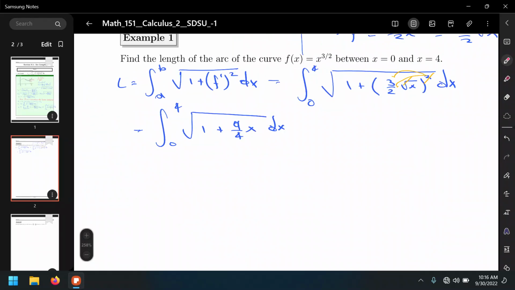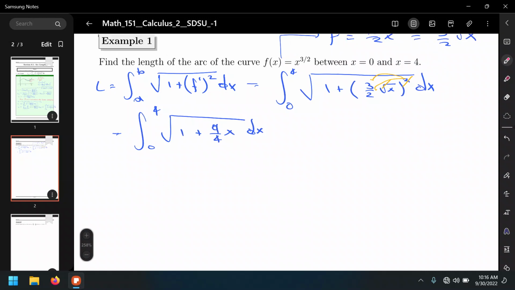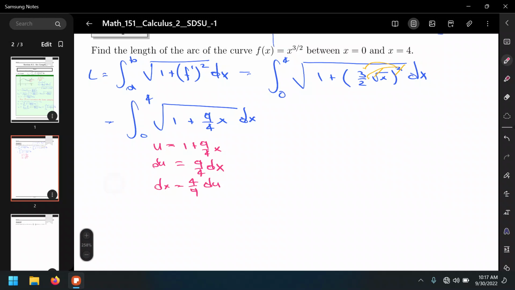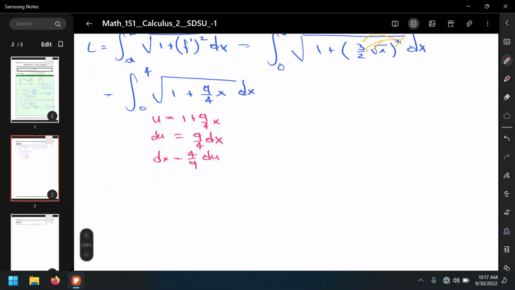So u equals 1 plus 9 over 4 x, du equals 9 over 4 dx, and dx equals 4 over 9 du. Next, maybe you're used to doing it, maybe not, but I strongly suggest that you do it this way so you don't have to write a lot of symbols when back substituting.